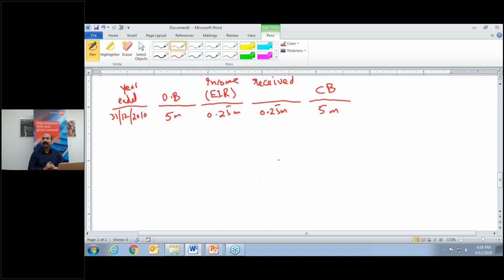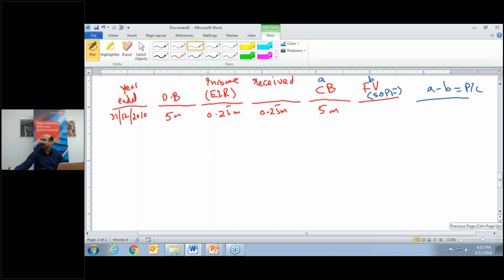So we shall be calculating the fair value of this financial asset at 31st December 2010, and this will go to the statement of financial position. And the difference, if we treat it as A and if we treat it as B, the difference will go to profit and loss.